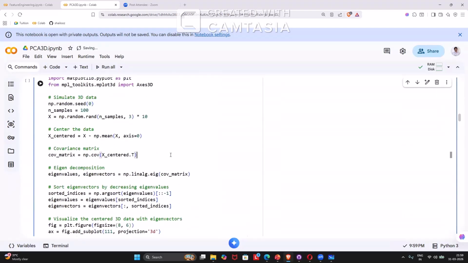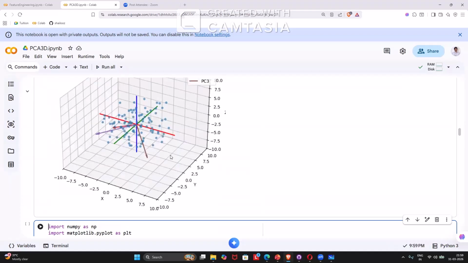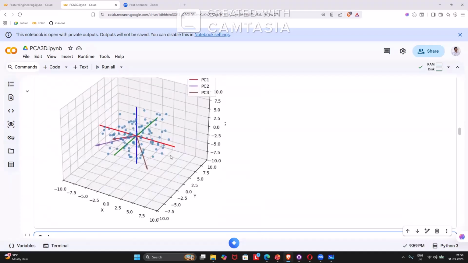The next step is to calculate the covariance matrix and the directions of the covariance matrix. The red is the first direction, this violet is the second direction, and this brown is the third direction. These three directions are orthogonal, and they give the idea of in which direction the maximum spread is. This is the direction of maximum spread, then the second and the third.